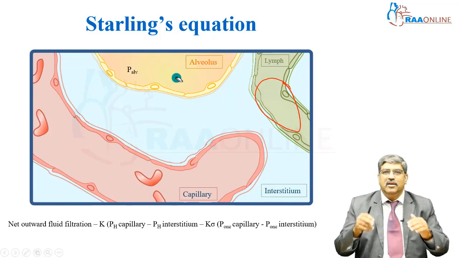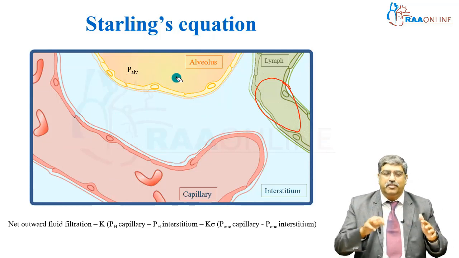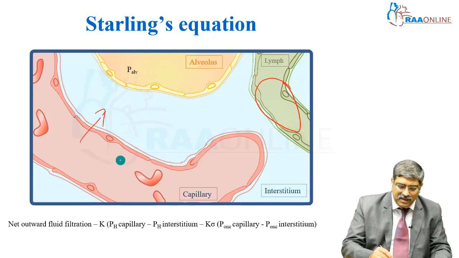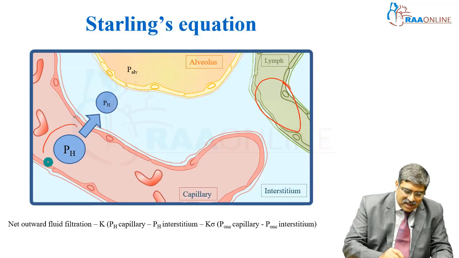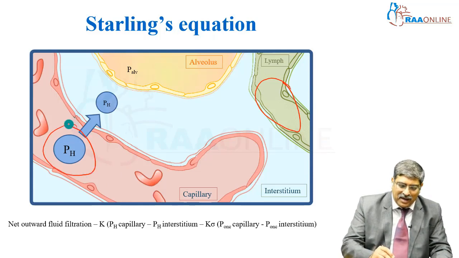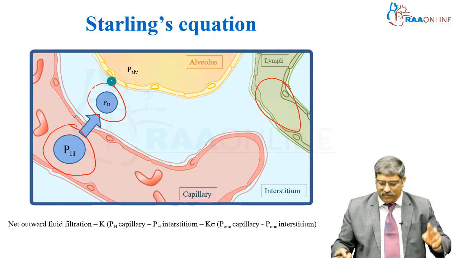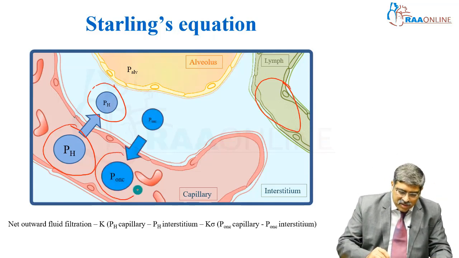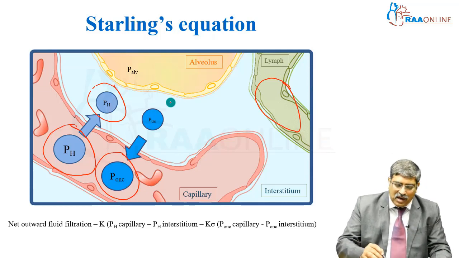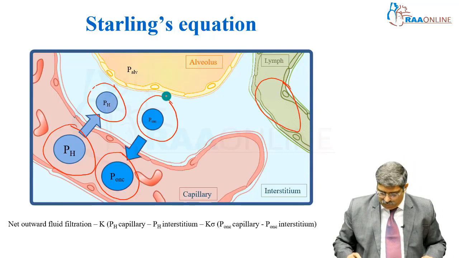Now look at the Starling forces which balance the fluid between the capillary and the interstitium. You have the hydrostatic pressure of the capillary and the hydrostatic pressure of the interstitium. These two major forces are there. Next comes the oncotic pressure of the capillary and the oncotic pressure of the interstitial fluid.